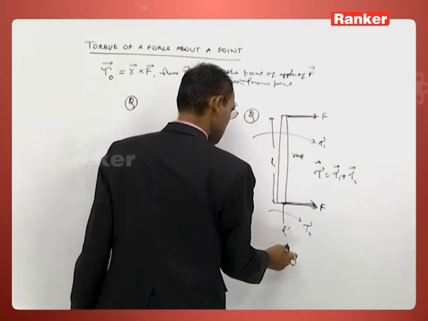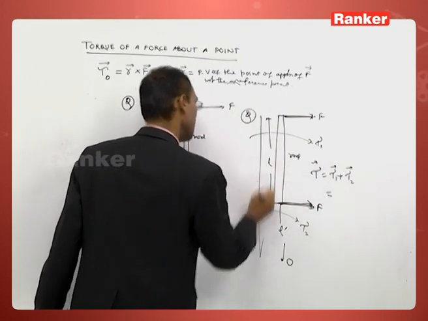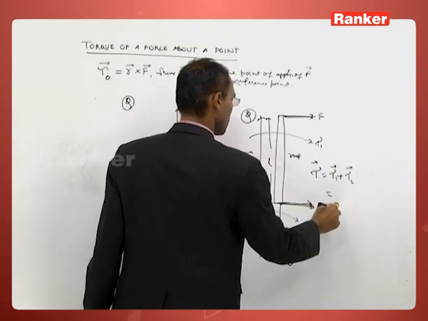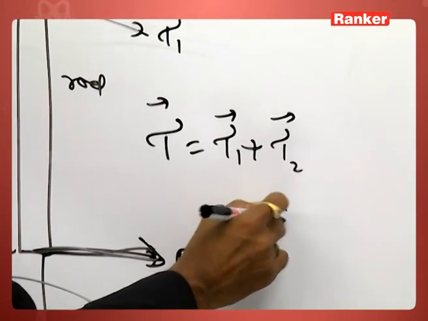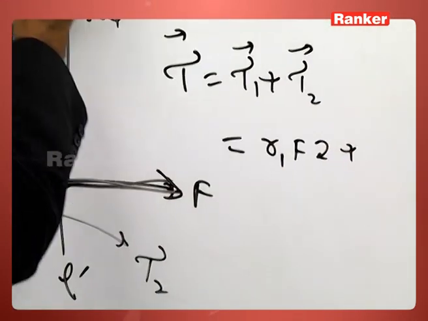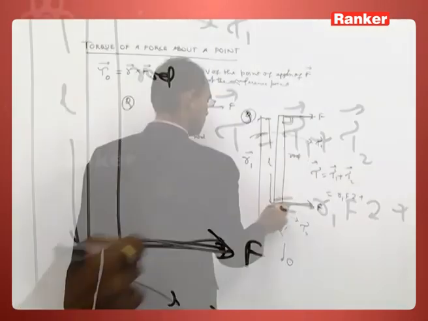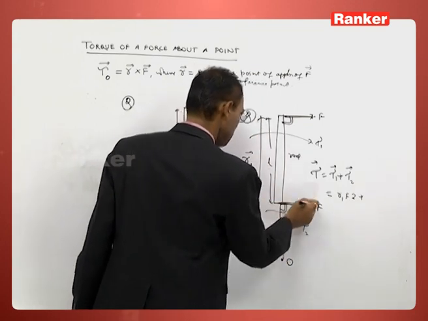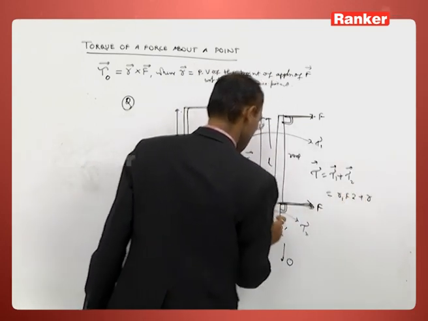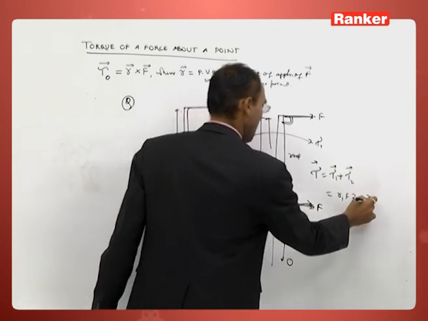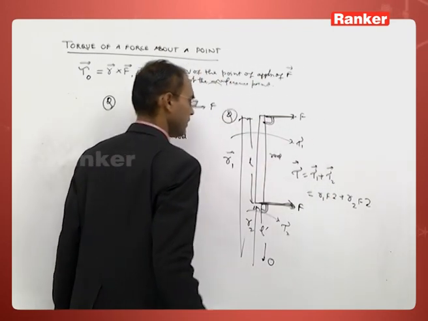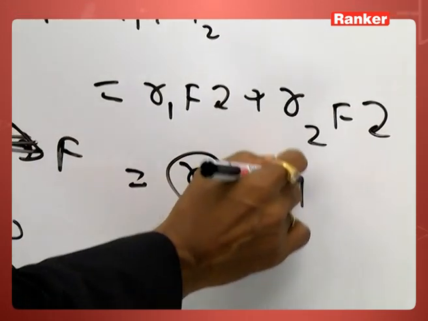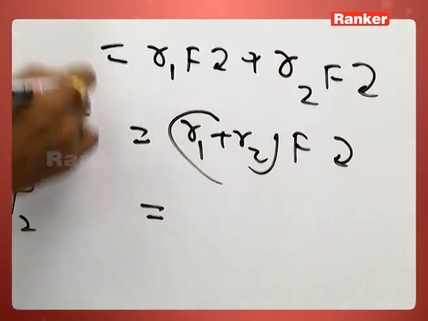Because of this force about this point, the rotational effect is R1 cross F, in the clockwise sense. R1 F clockwise, plus, and the angle is 90 degrees, so sin theta is 1. Plus, due to this force about this point, this is R2 into F in the anticlockwise sense. So you are getting R1 plus R2 into F in the clockwise sense.